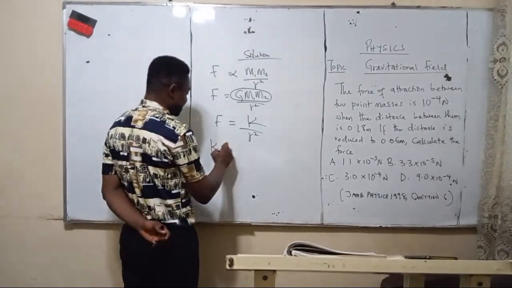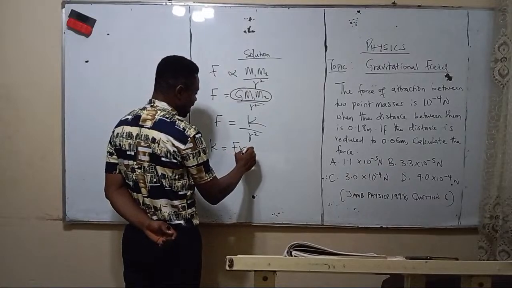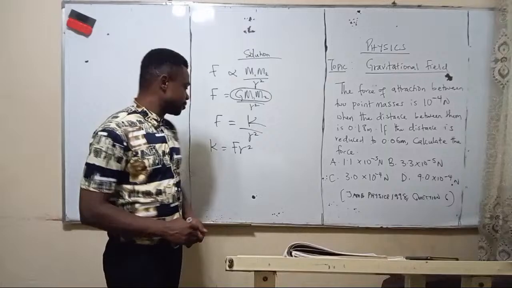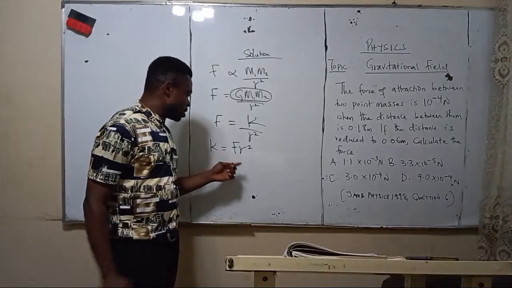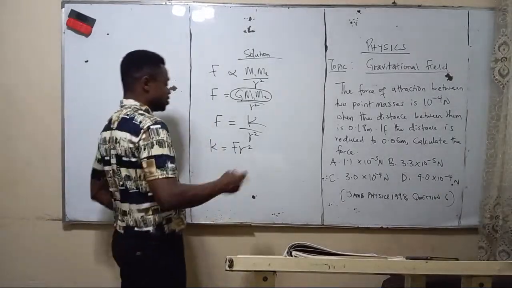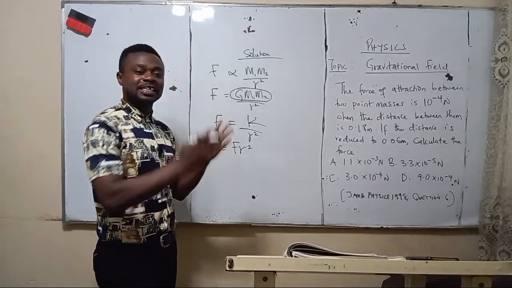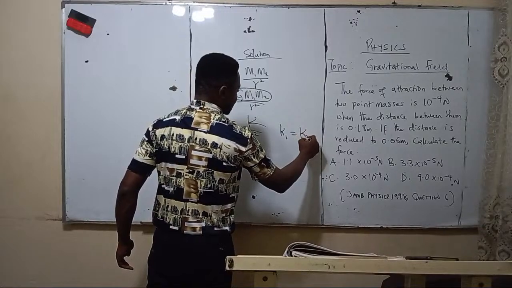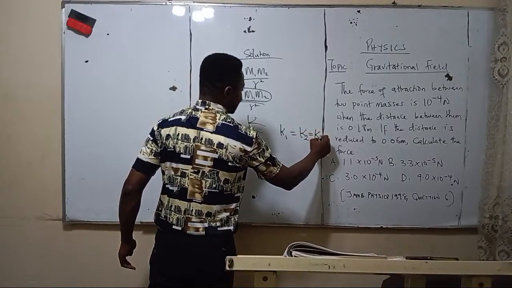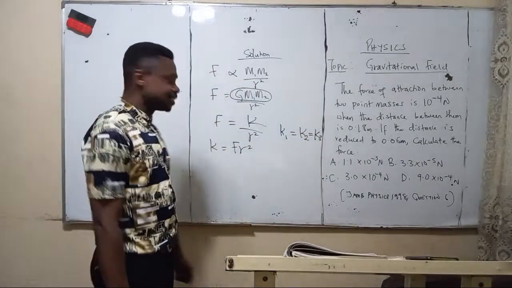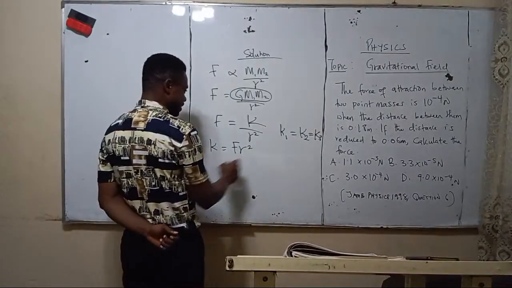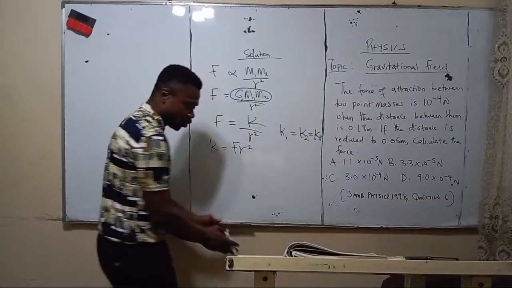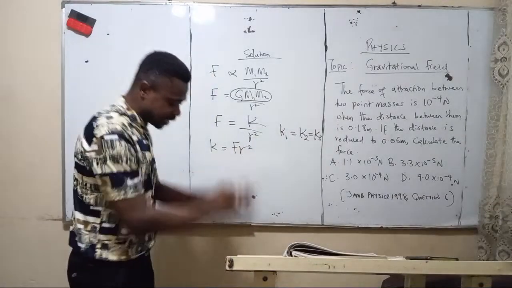And K is equal to F R squared, force times distance squared. So as you move from one state to another, K1 is equal to K2, which is equal to K3, because K is constant; it doesn't change.